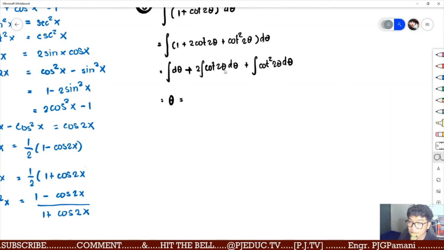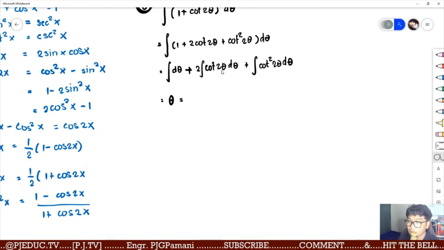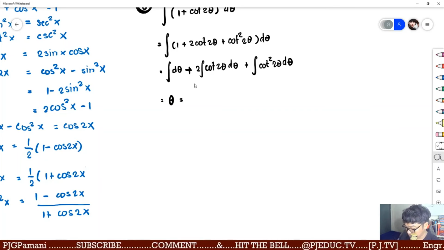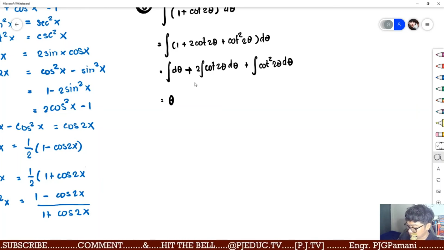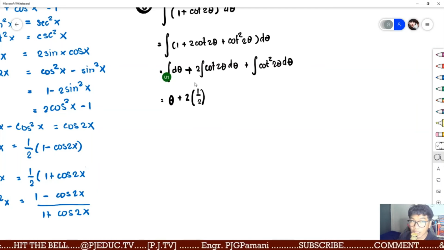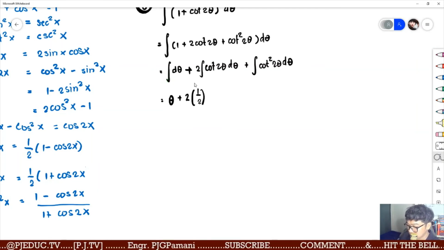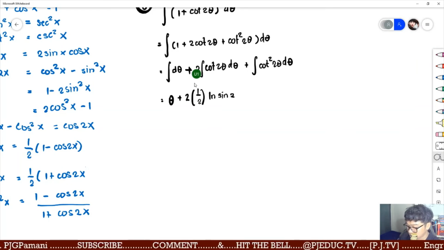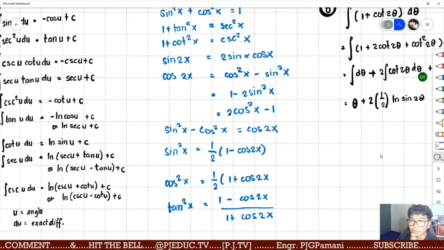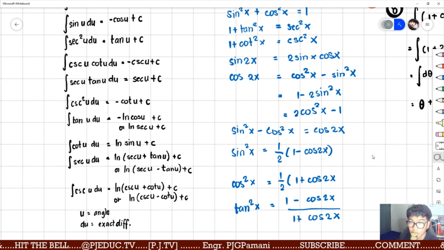So, kailangan nating mag-introduce, or the differential of 2 theta is basically 2 d theta. Then, we'll have to introduce a correcting factor of 1/2. So, sa correcting factor 1/2, isa-isahin ko na lang, 2, correcting factor 1/2, integral of cotangent is ln sine u, or meron tayong 2 theta, so 2 theta, plus the integral of cotangent squared u.